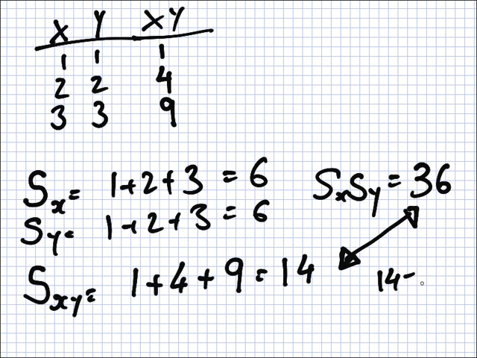He's not convinced. He believes that SX times SY has to equal SXY. Logically, 6 times 6 is equal to 36. 1 plus 4 plus 9 logically equals 14.